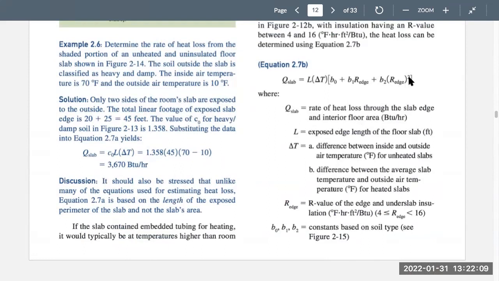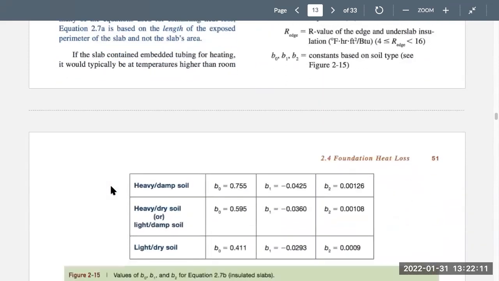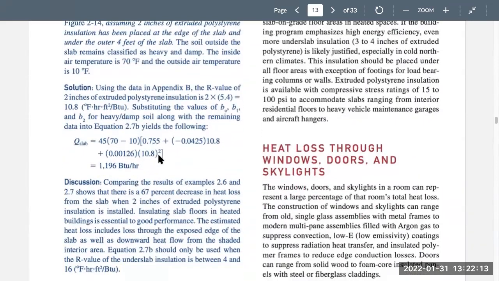But that is squared. So when they do that, they calculate this out. It's really, again, like you say, a plug-in type number. And they end up with a loss of 1,196 BTUs an hour through a slab instead of a basement.